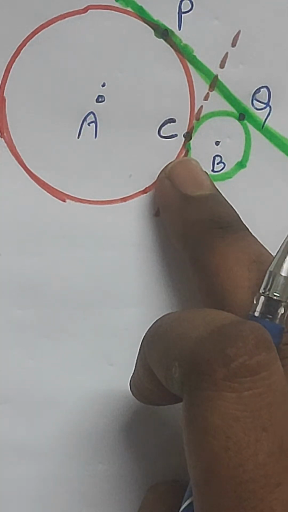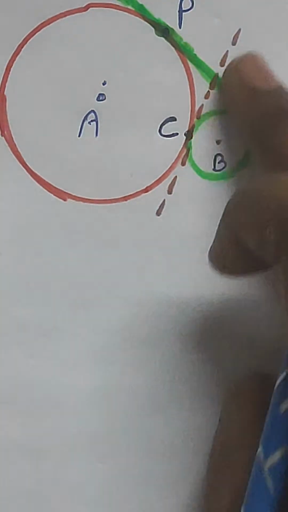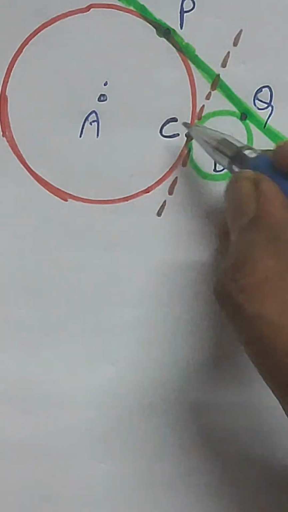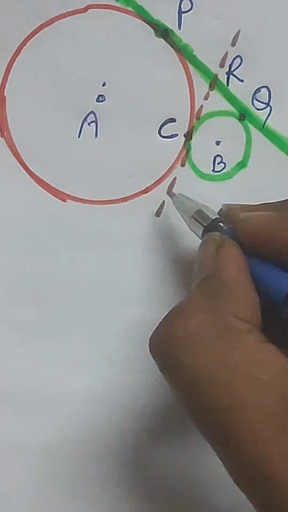We need to prove that the common tangent to the circles at C bisects the common tangent PQ at P and Q. That means, you can see the common tangents to both the circles. One is CR and another is PQ, right? So two common tangents are given to you.